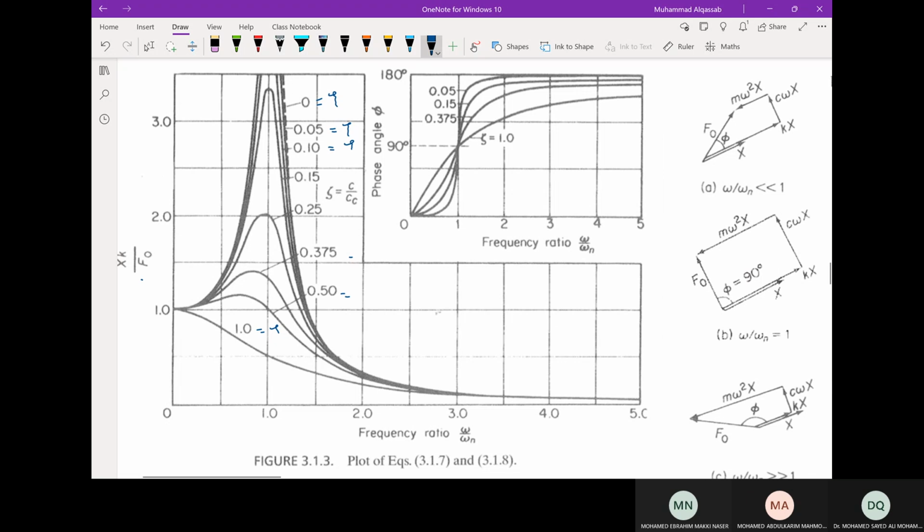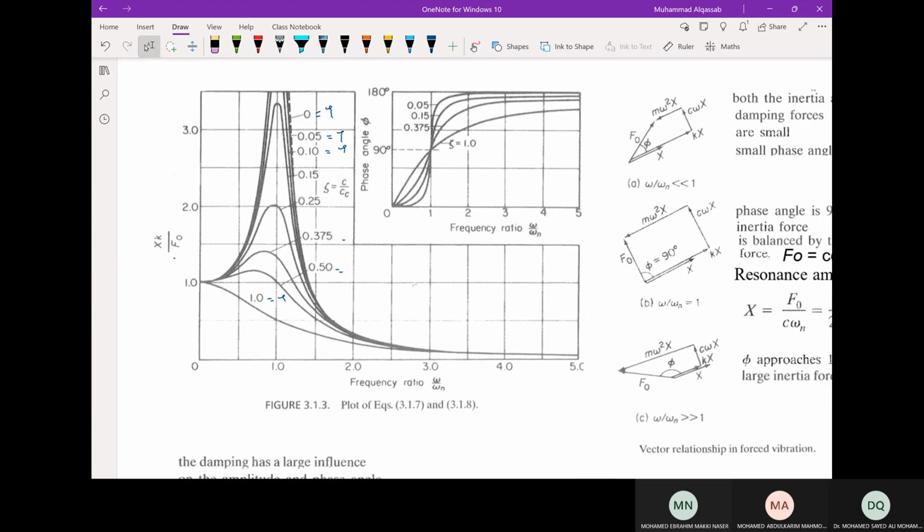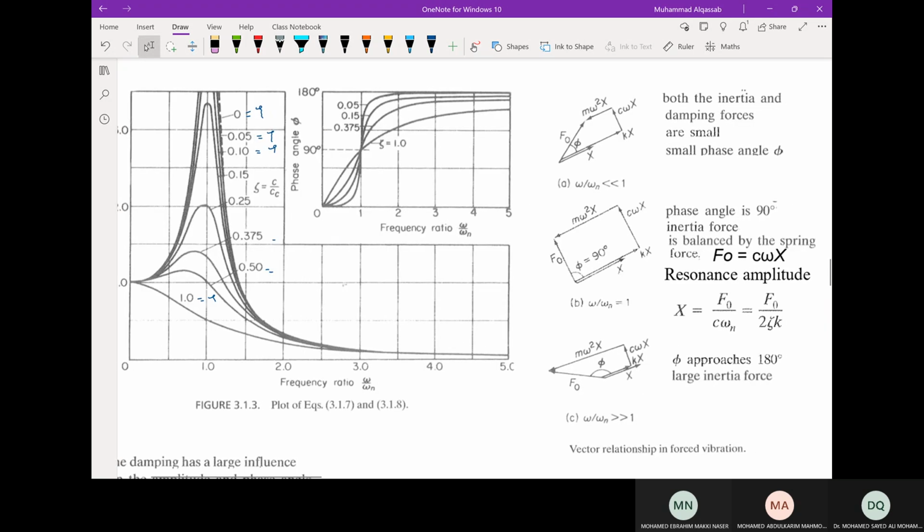Now, the mass is subjected to a force under a given frequency. But this will tell you which range is more safe, leading to small amplitude, and which range is unsafe, leading to large amplitude. So you can see there are three ranges as we did before: omega over omega n can be less than 1, or equal to 1, or greater than 1.